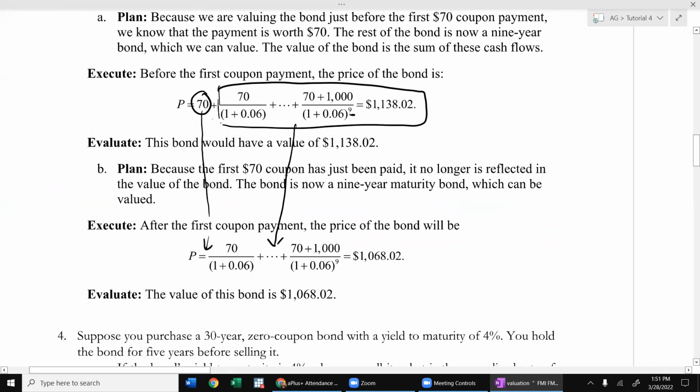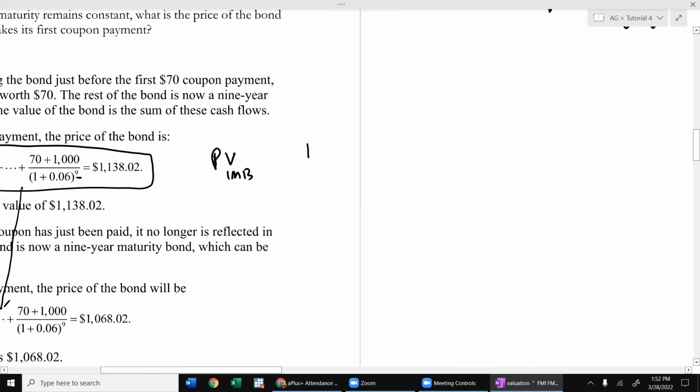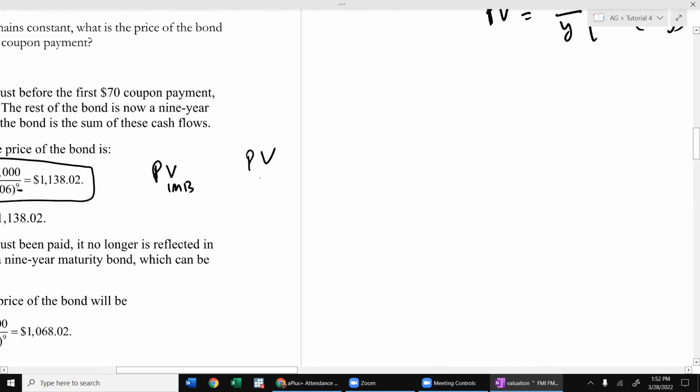Correct? So may I ask you a question? Which answer would be greater? Should the present value immediately before be higher than the answer we get for the present value immediately after? Which answer should be higher? Anyone? Please turn on your mic if you want to answer.